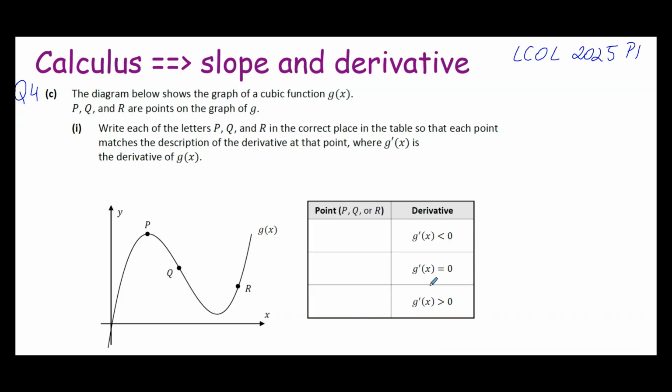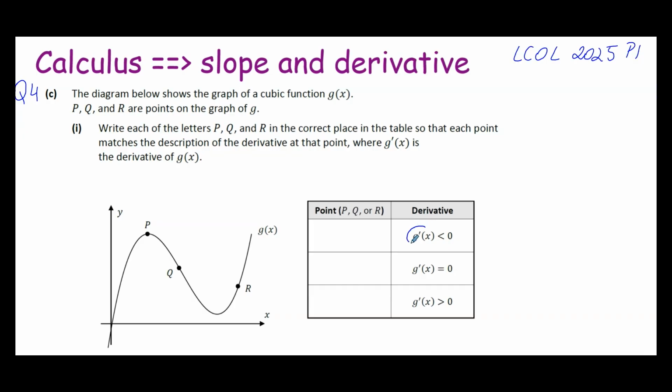So here is the table and we have to write those points so that each point matches the description of the derivative at that point, where that description means derivative of g. Okay, so let's understand what we have here.